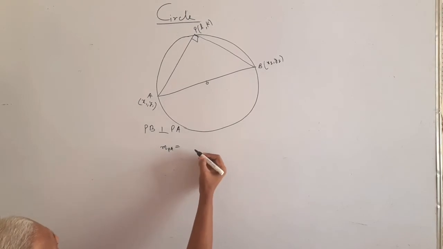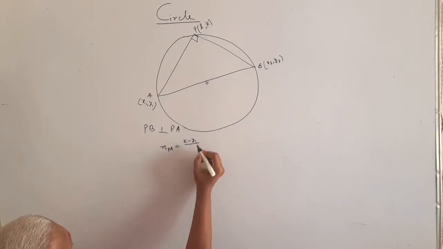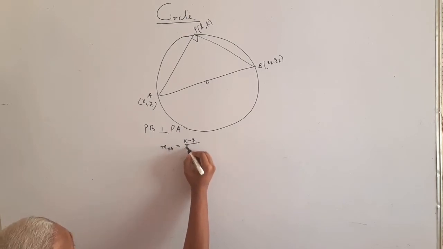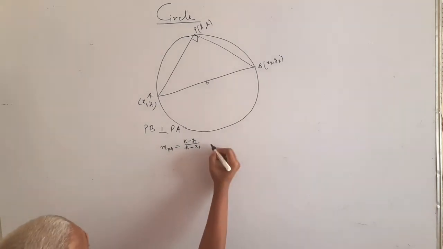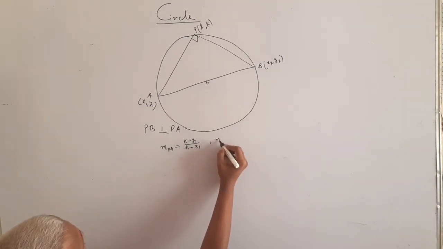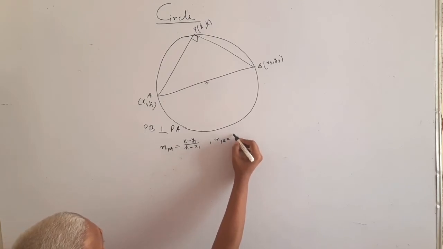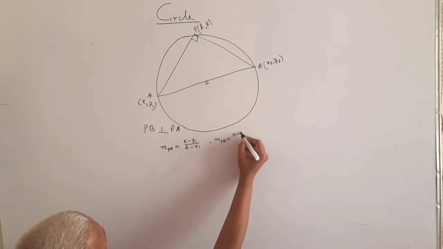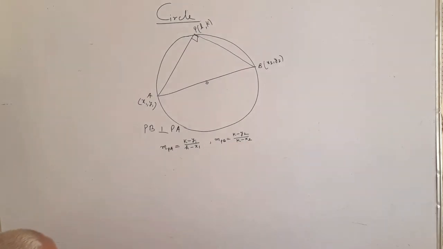Slope is given as y2 minus y1 upon x2 minus x1. So we will have k minus y1 over h minus x1, and the slope of PB is k minus y2 upon h minus x2.